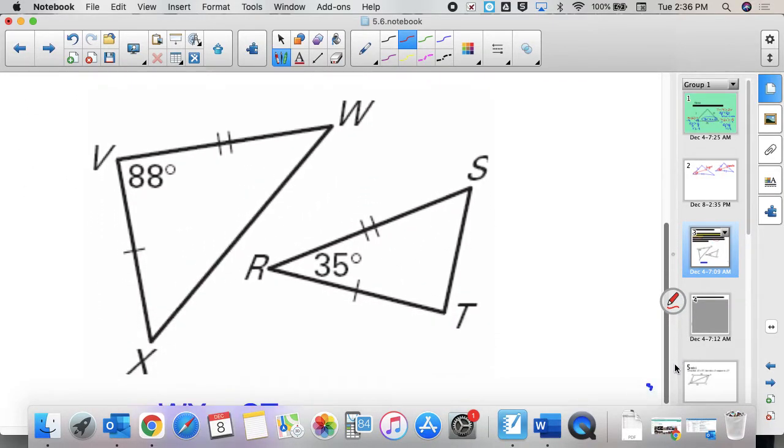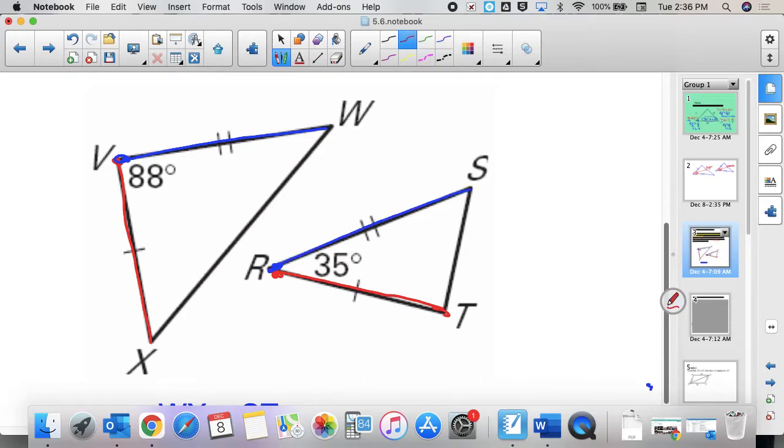So what we're looking at here, we need two sets of congruent sides. We got VX congruent to RT. We got VW congruent to RW.